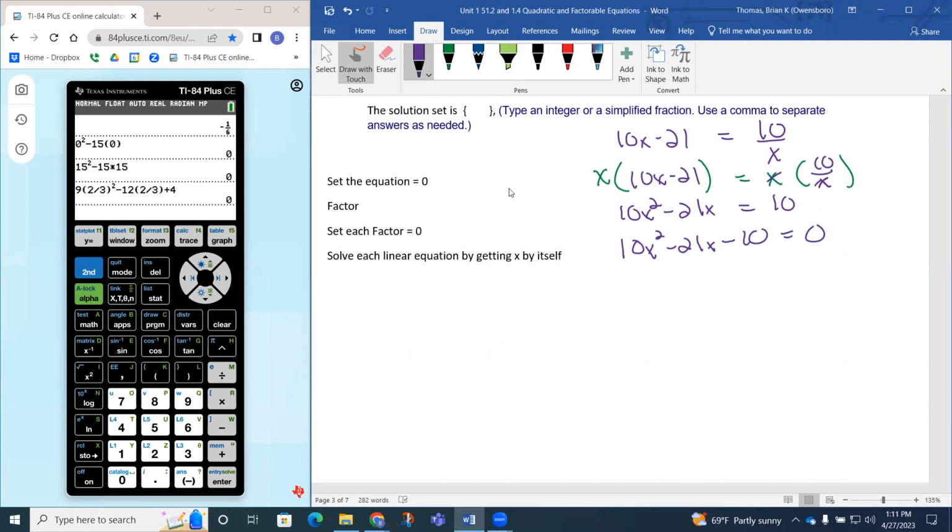So now we have to factor this. To factor it, we pick up on that this is not a perfect square because there's nothing squared that gives me a 10. And there's not a common factor because this 21 messes that up. So since we can't get rid of this coefficient of 10, we're going to use the box method as a way to factor this.